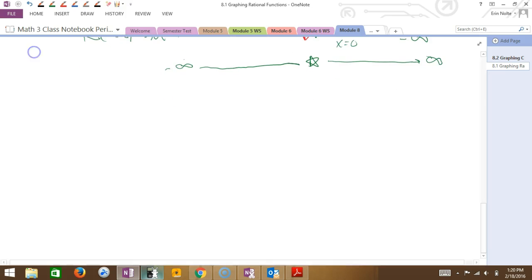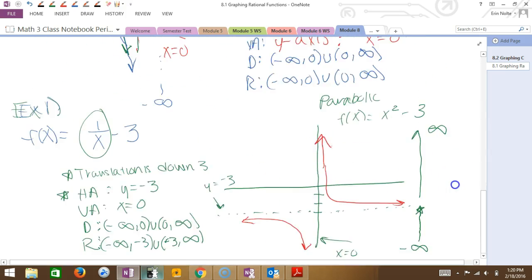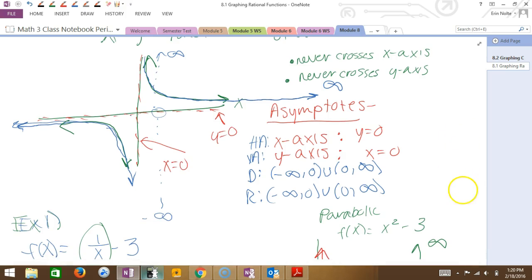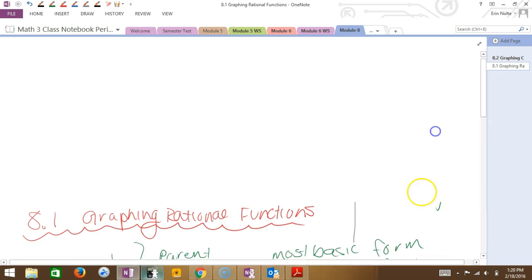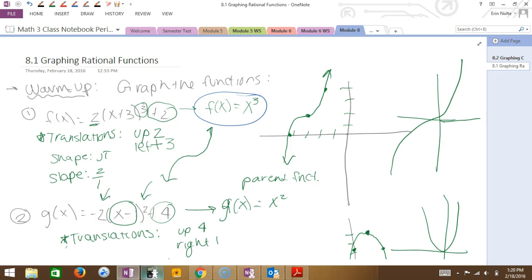Okay. So we just went down 3 on that one. We had a vertical shift. And do you remember, let's look back at this warm-up really quick. Let's look at this first one. What horizontal shift did we have?